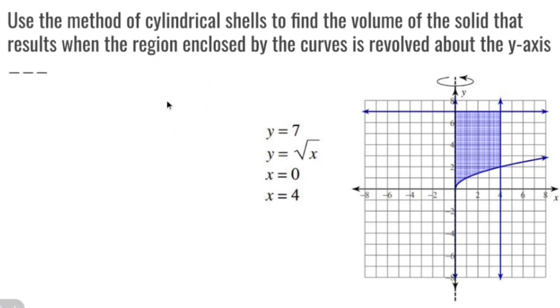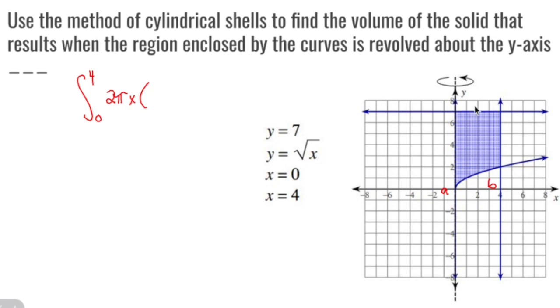Now, generally speaking, when you use the shells method, the way you find the volume is you take the integral where your limits of integration are between a and b, which is created by 0 and 4. So 0 and 4. You take the integral of 2 pi x times f of x, whatever curve this is.